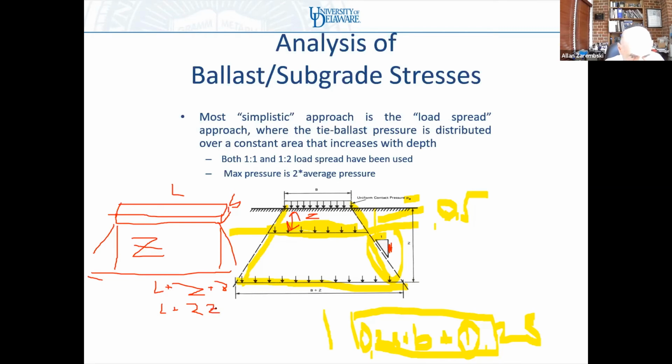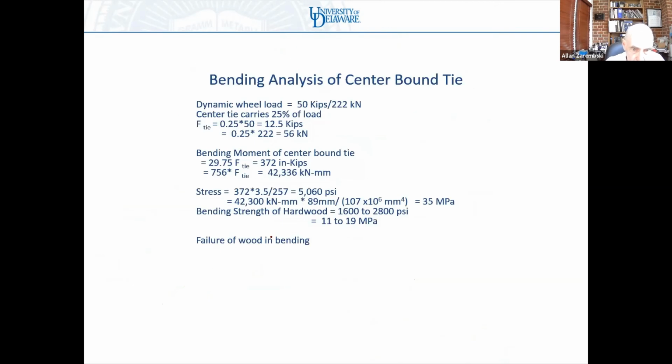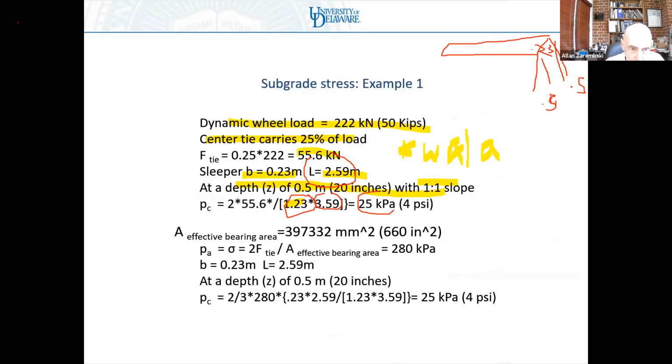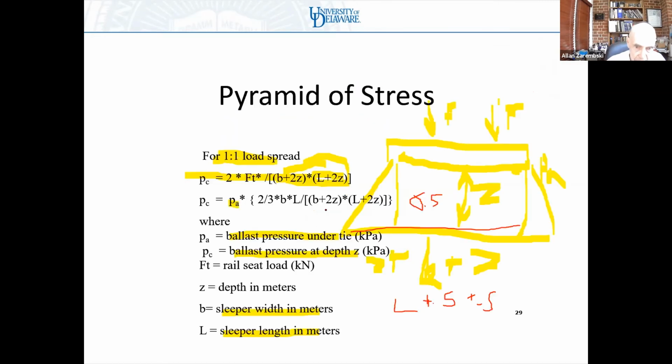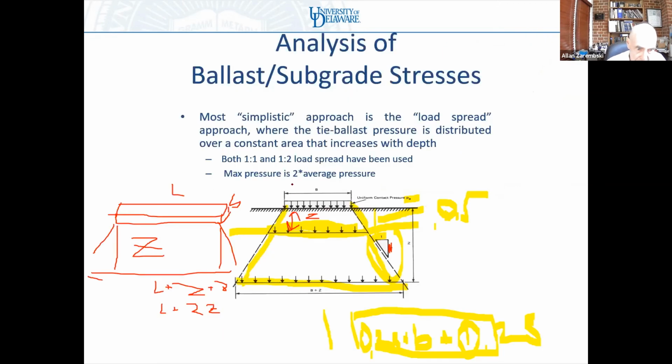So if my Z is half a meter, if I'm half a meter down, and my sleeper length is 2.59 meters, it's 2.59 meters plus 0.5 meters plus 0.5 meters, or 3.59 meters. That's my length at depth Z. I have the same thing happening with my width.